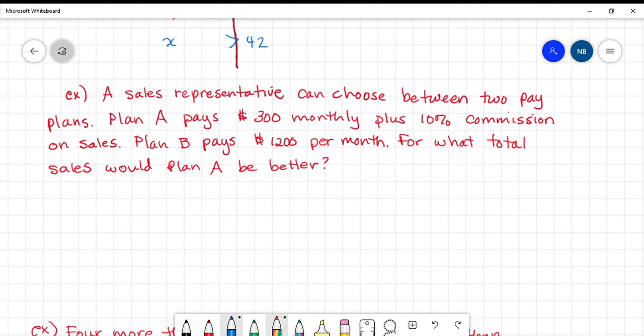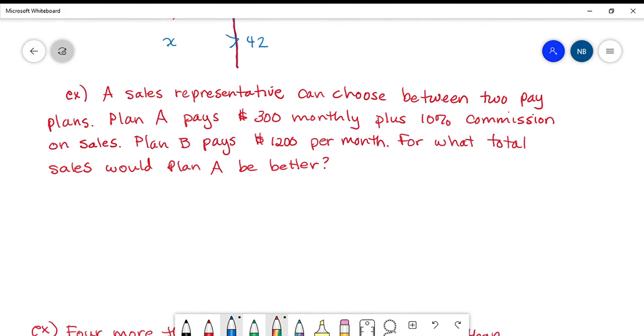Next example. A sales representative can choose between two pay plans. Plan A pays $300 monthly plus 10% commission on sales. If you're not familiar with the word commission, basically if you're a really good salesperson, that commission is a percentage of the total dollar amount of your sales, which makes your pay much greater.